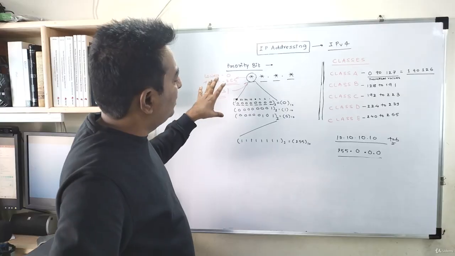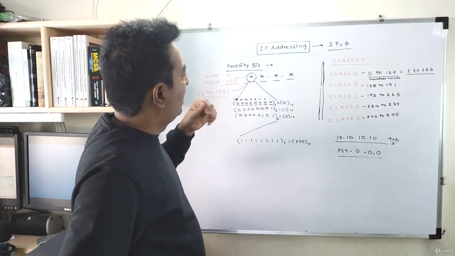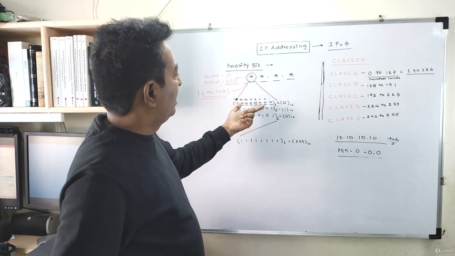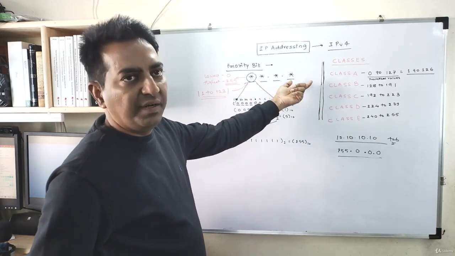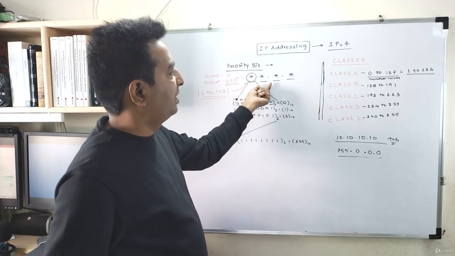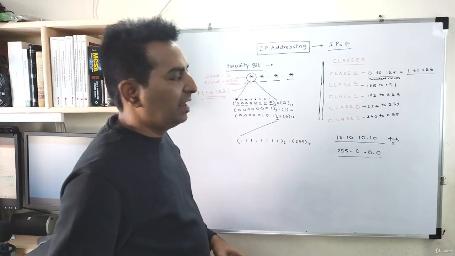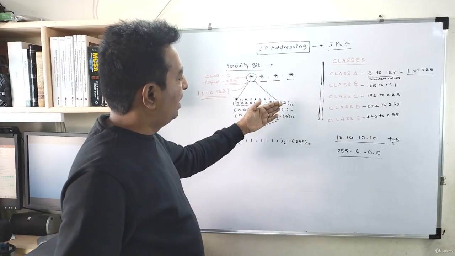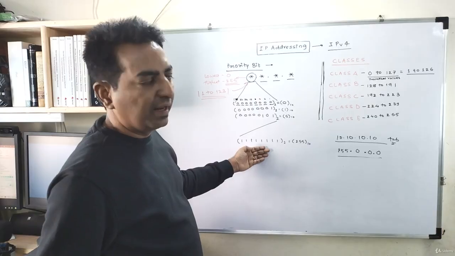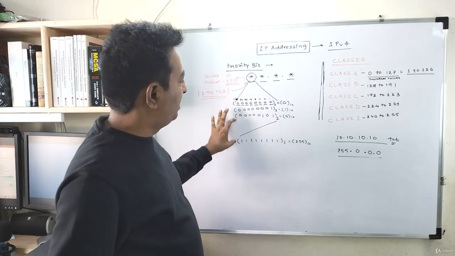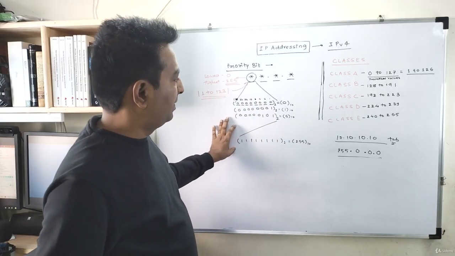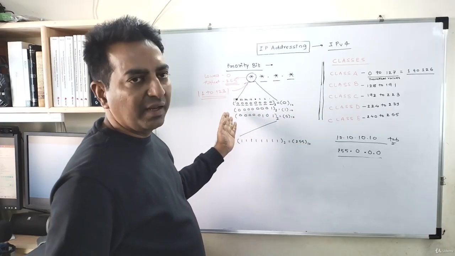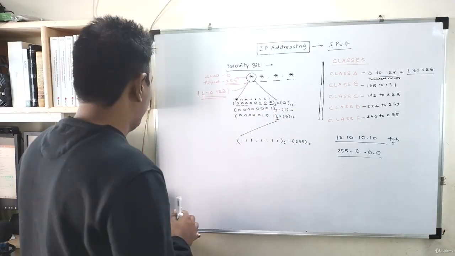So friends, now you have understood that the first field denotes the class. Each field is of 8 bits. So this is again 8 bits, 8 bits, 8 bits, 8 bits. I have shown 8 bits here, and now you have clarity on how these bits are translated from decimal to binary or binary to decimal.